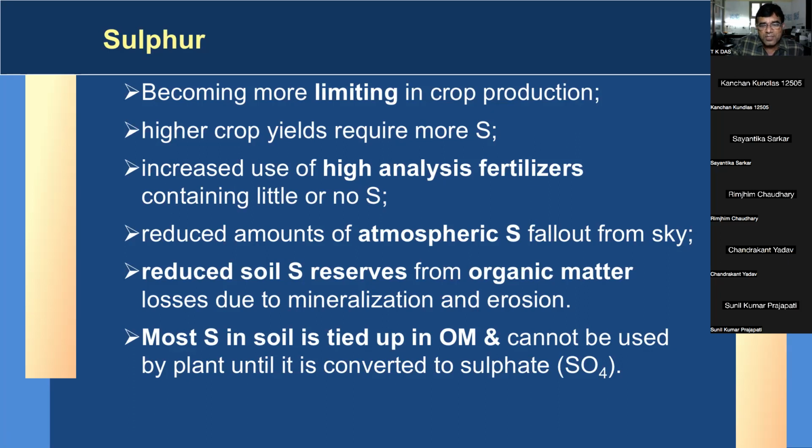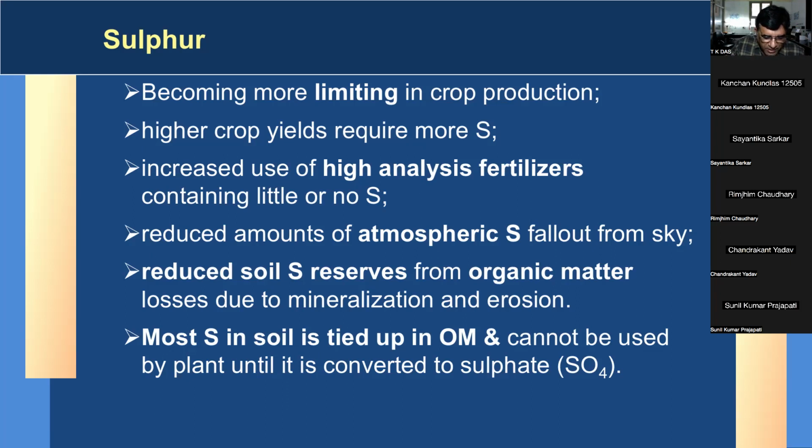So I have two questions for students. How much sulfur content is there in ammonium sulfate and single superphosphate? Chandrakant. Sir, SSP means 10 to 12%.